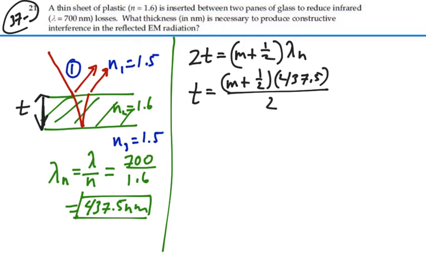And we're going to simply choose m to be 0. We'll just find the minimum thickness necessary. And so what we have is 0.5 times 437.5 divided by 2.